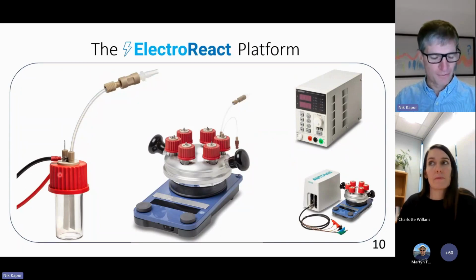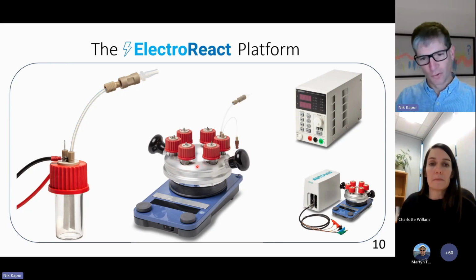Over on the left-hand side is the electro reactor. This has been wired up here with a silver wire, which I think is just being used as a reference electrode. Here we've got a configuration to allow a Schlenk line to be used. This glass vial and the components of the electro reactor sit within the aluminium plate.